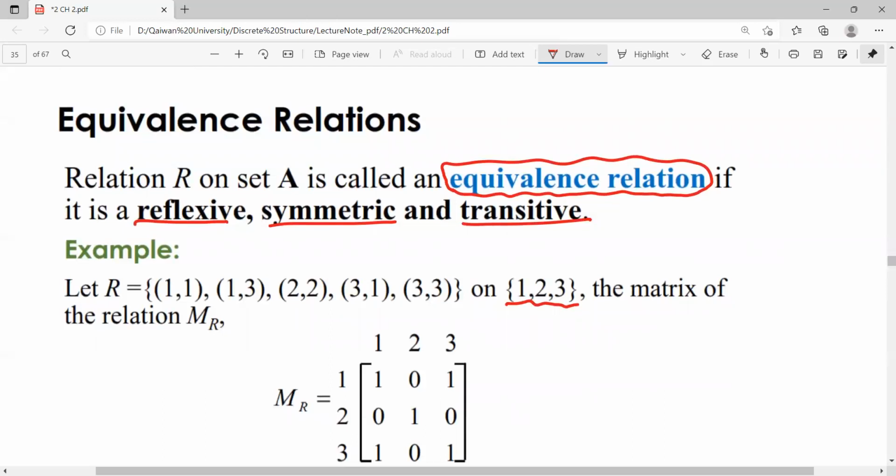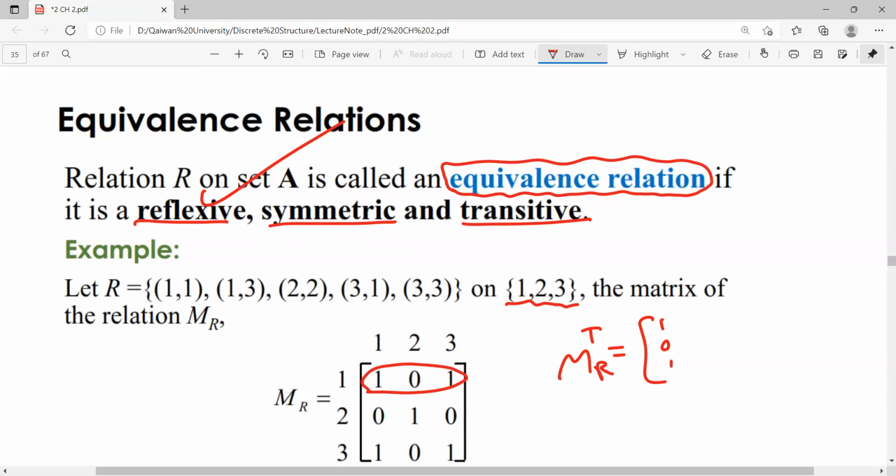For reflexive, we said all the elements on the main diagonal must be 1. So it's reflexive, and it satisfies the first condition. For symmetry, we are going to find its transpose. It must equal itself. We find M_R transpose.